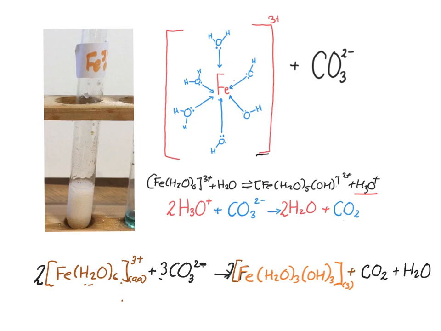Therefore on this side we're going to form 2 moles of the precipitate. Therefore if we've got 3 carbonates we're going to form 3 carbon dioxide, and therefore for every carbonate there is 3 moles of water. And that is the best way of balancing this reaction.